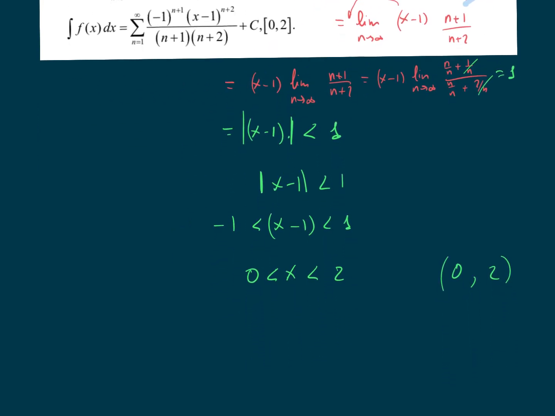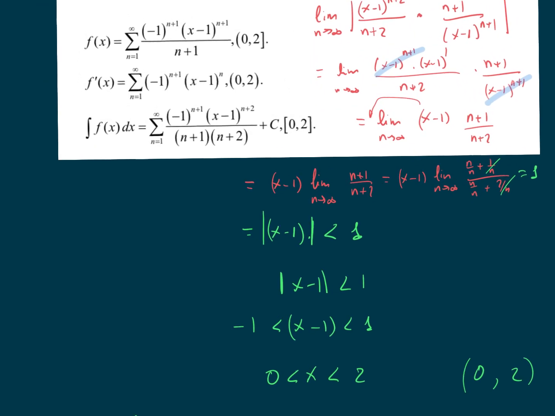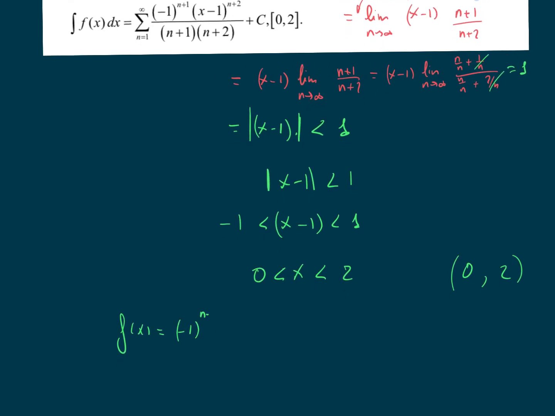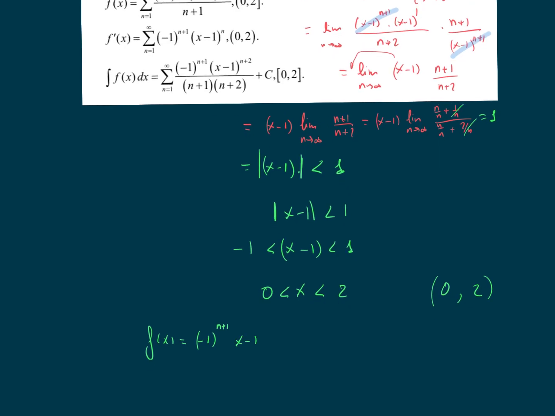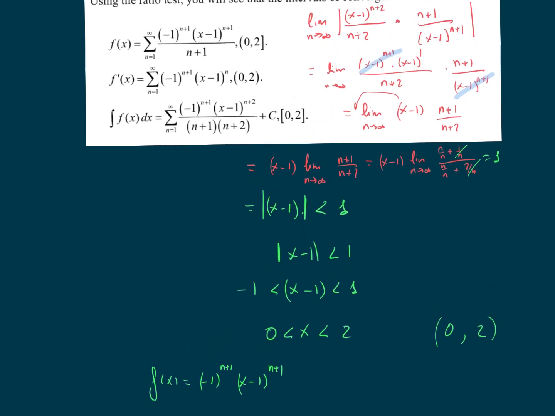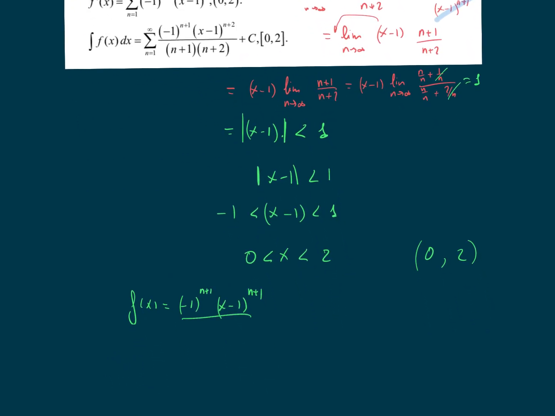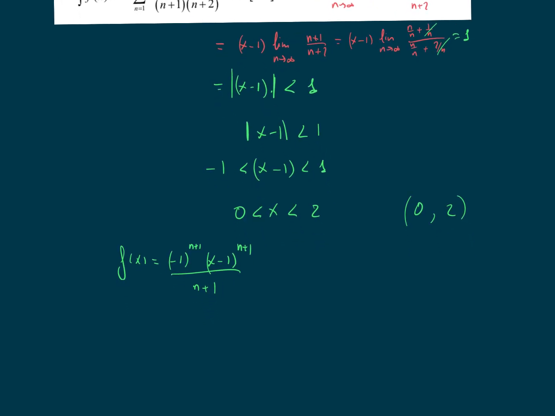So the function f(x) is the sum of (−1)^(n+1) (x − 1)^(n+1) divided by (n+1). Let's plug in x equal to 2. The series will be (−1)^(n+1) times (2 − 1)^(n+1), which is 1, so it is (−1)^(n+1) divided by (n+1).